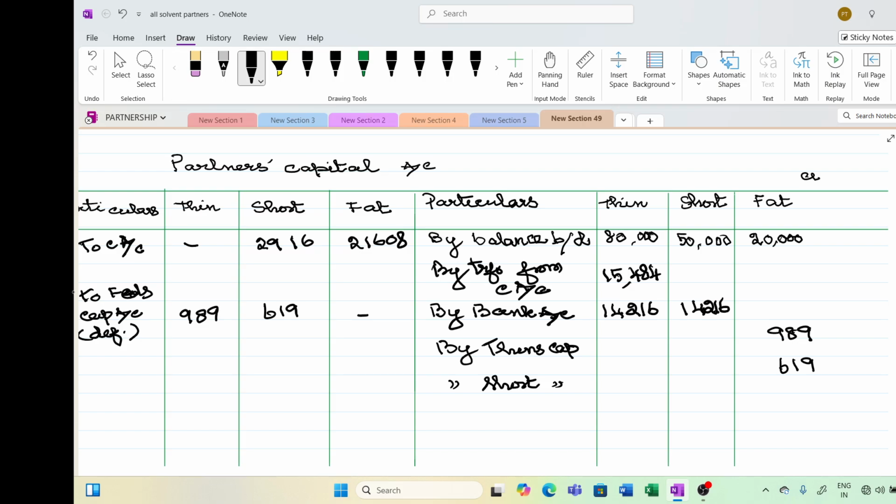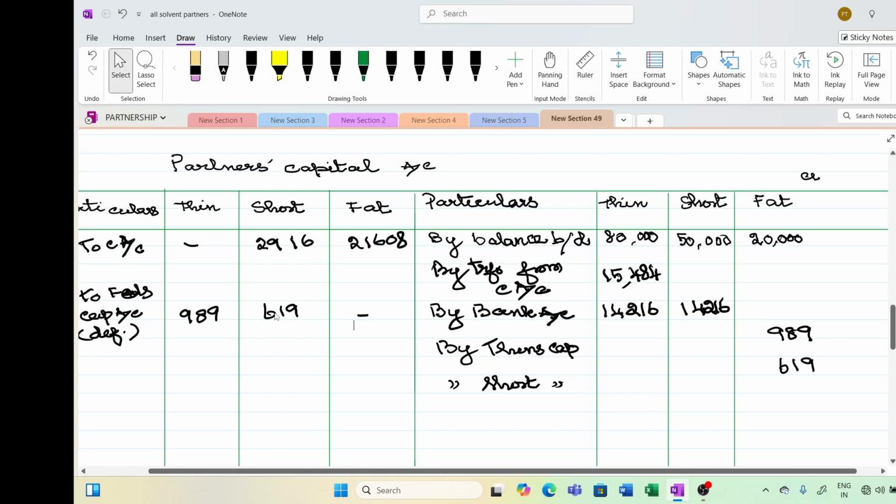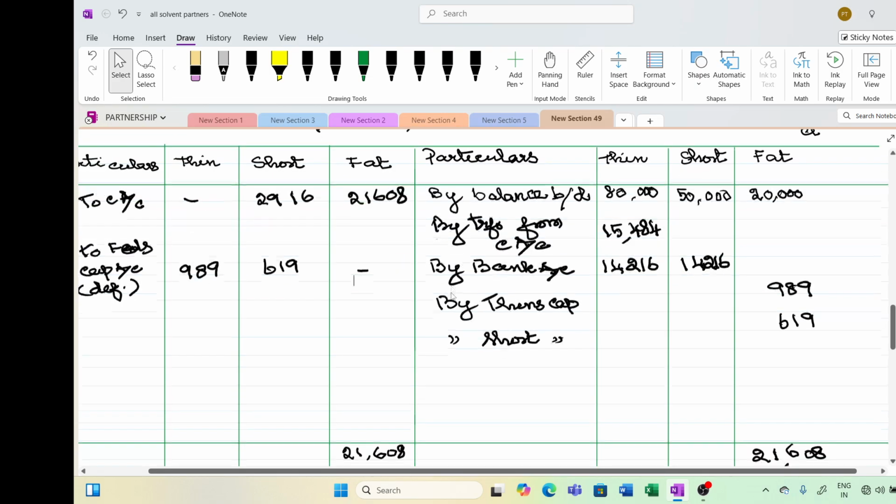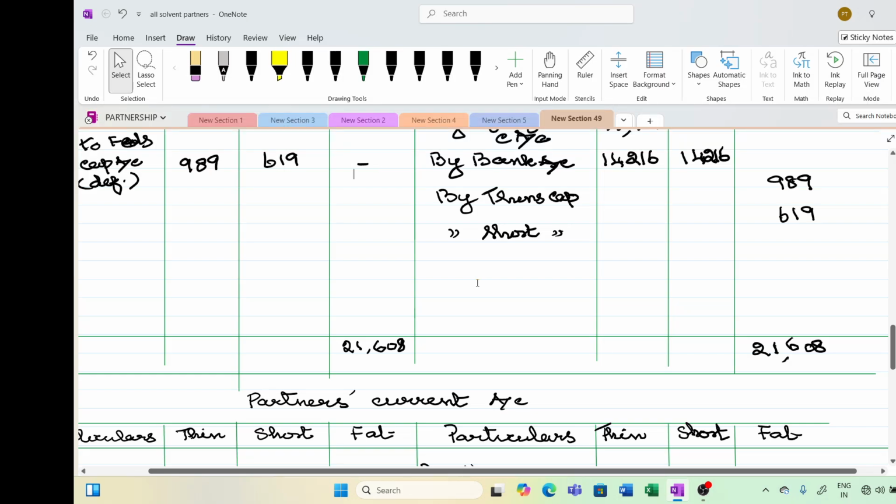So now we have completed the rule. First they have said to bring the loss in cash. We brought the loss in cash. Second thing, calculate the deficiency, and it has to be brought by the solvent partners having credit balances in their capital ratio. We did that also.